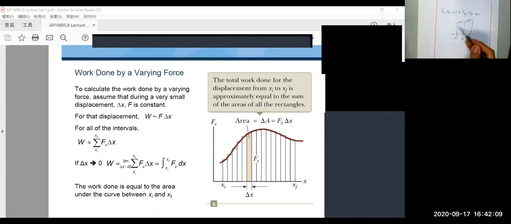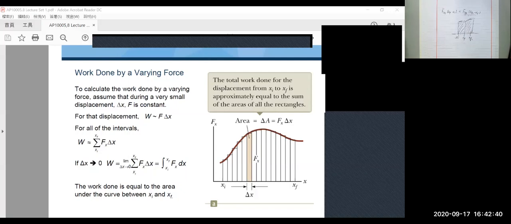In a certain sense, you could treat it as a rectangle, or if you like, the area under this part of the graph. So this is the area between the force graph and xi and xf. This one is the area of the next rectangle under the graph.